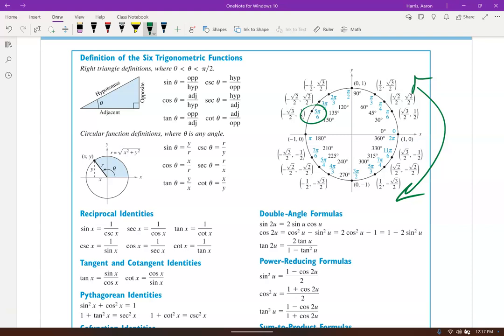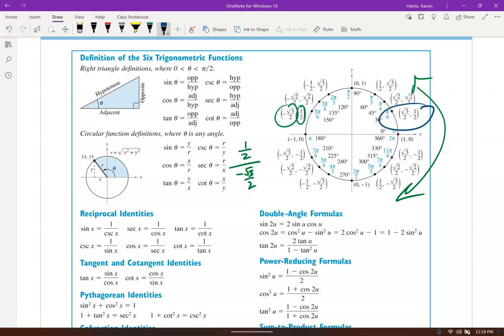So the tangent of 5 pi 6 is the sine over the cosine, so 1/2 over negative root 3 over 2. So I'm thinking, it's got to be between negative pi halves and pi halves for the tangent. So do I have another angle that gives me the same ratio of 1/2 over root 3 over 2?